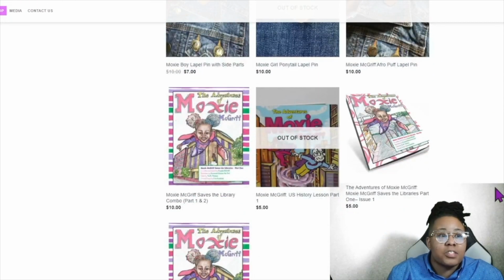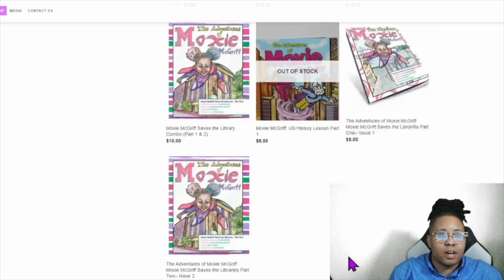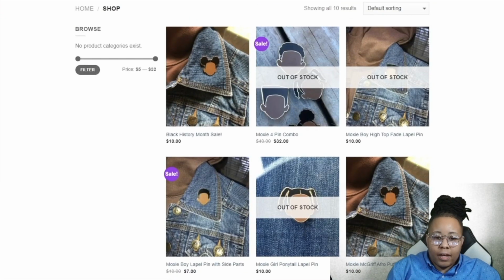And in addition to her products, she also has, once again, her comic book series, Moxie McGriffin. And once again, this is by a young lady named Natalie McGriffin. Good job, Natalie. Awesome.